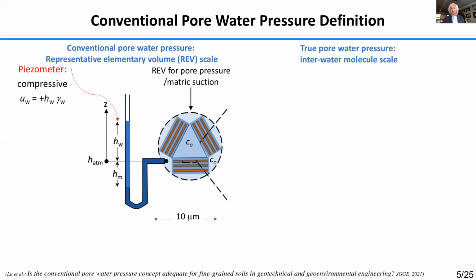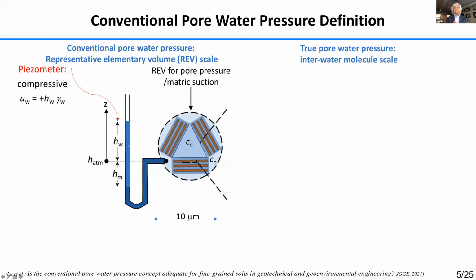We use a piezometer. Everybody knows that. With the piezometer concept, you can see that we have the ambient atmospheric pressure. If you have a compressive pressure in the large pore, then it is going to rise. That's called the head, piezometer head. And using that, you can simply convert that to pressure if you know the unit weight of water, which is unity.